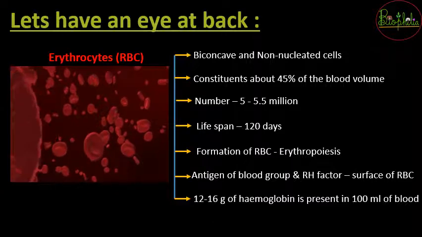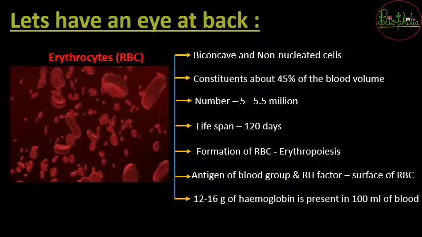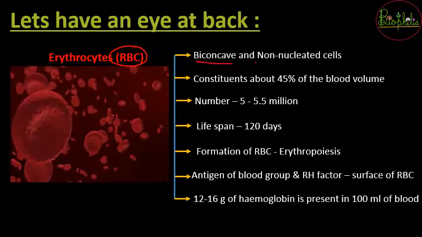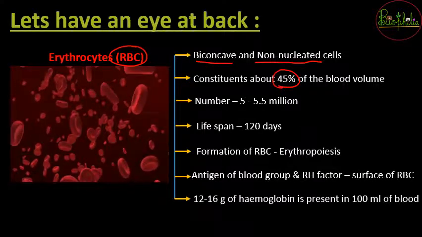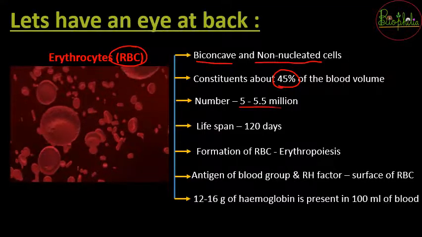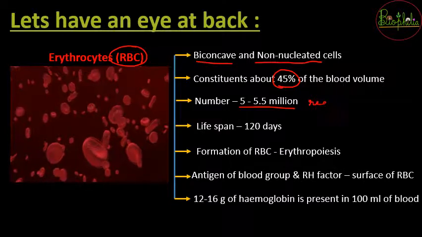So here we are going to just list down a few lines about erythrocytes. We also call them RBCs, and they are biconcave and non-nucleate cells which are about 75% of the blood volume. Their count is going to be 5 to 5.5 million, which is a huge number, giving red color to the blood.